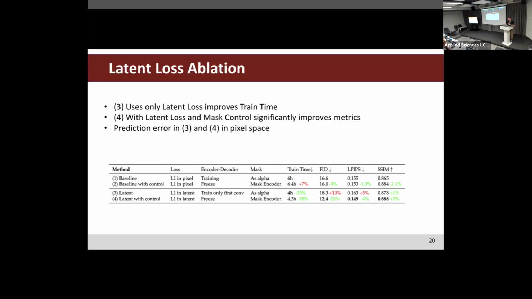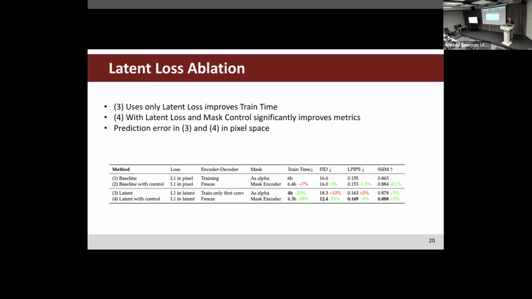And it shows significant improvement in training time, because we don't need to use the decoder part to decode at each training step, but we see a small degradation of feature-based metrics, while on the other hand, image-based metrics seem a bit improved.